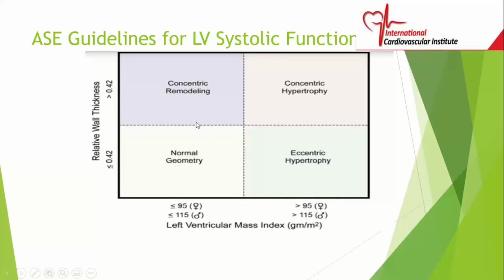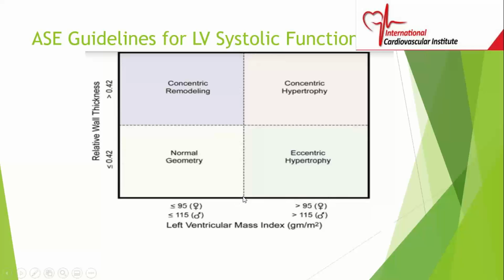So we use that information to classify the hypertrophy, or what the patient is having in terms of, are they normal or are they having some type of hypertrophy. So the horizontal axis is LV mass and the vertical axis is relative wall thickness.